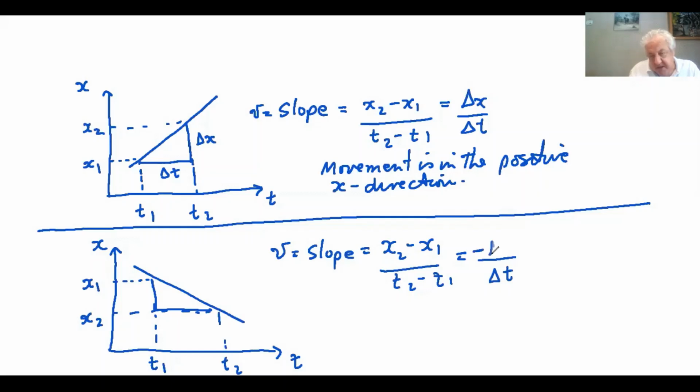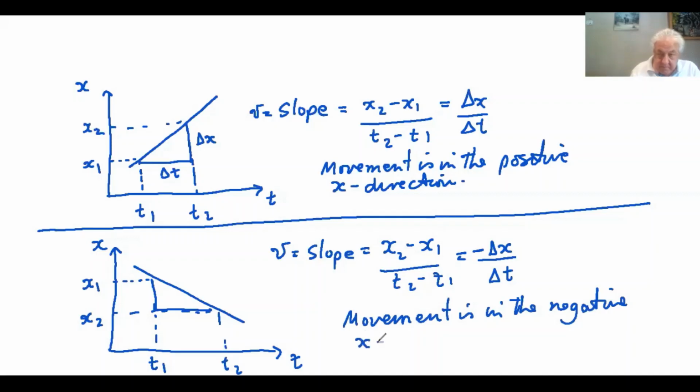This gives me a negative interval, so my slope is negative. So a negative slope on a distance time graph gives me a negative velocity, which means that movement is in the negative x direction.